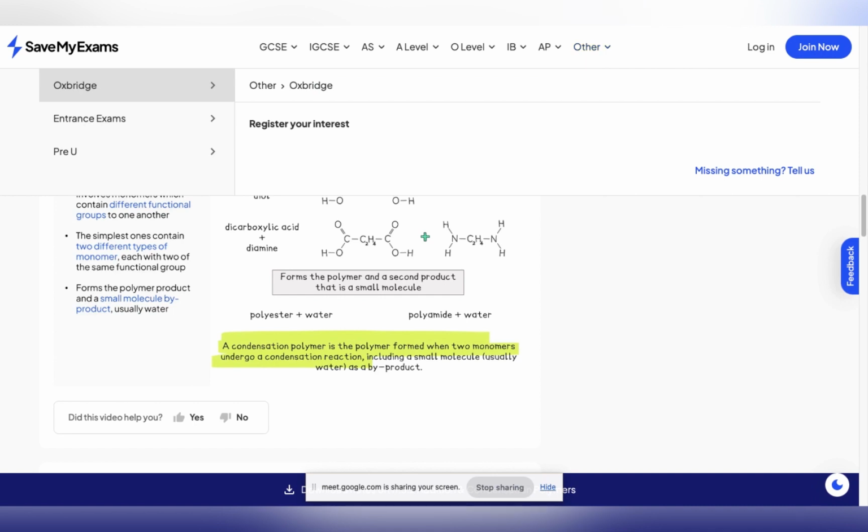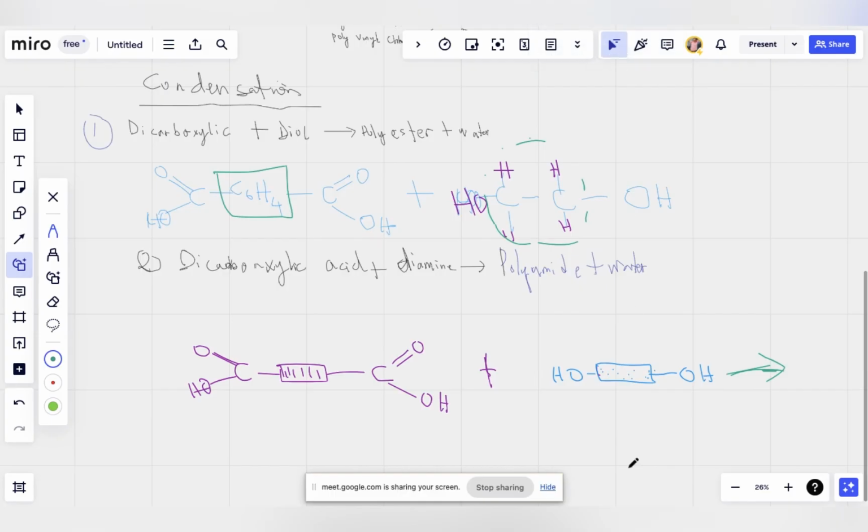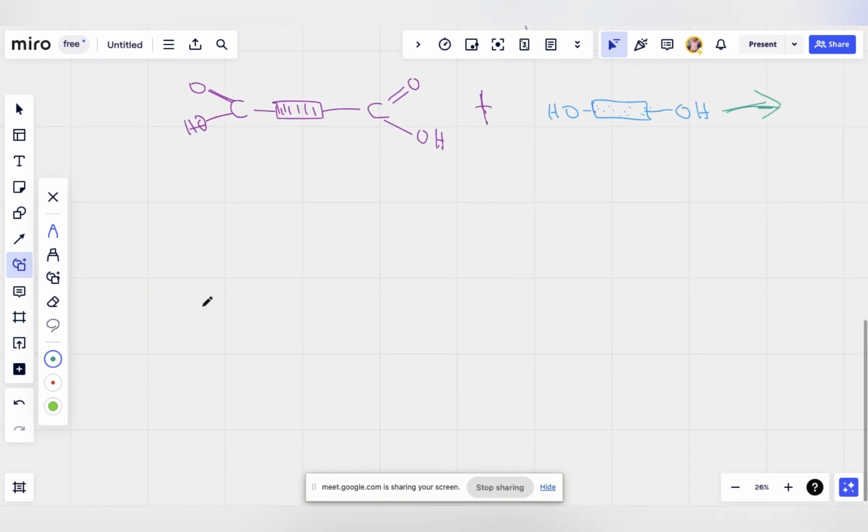Dicarboxylic acid, we write the structure of the dicarboxylic acid for the second one. This for the first one. For the second one, we draw the block diagram, or we write the equation C2H4 to C, double bond to O, then single bond to OH.